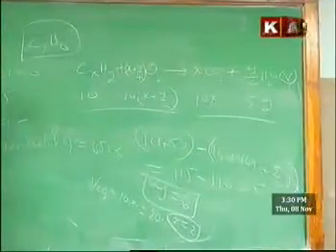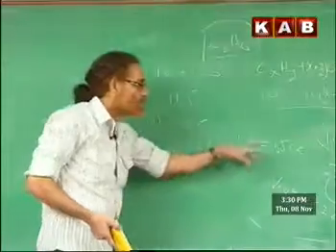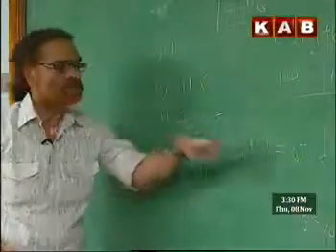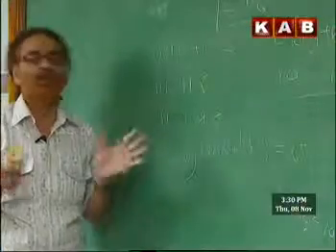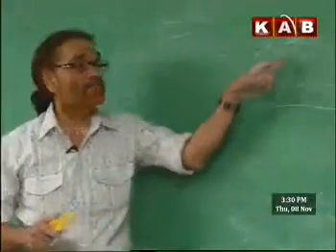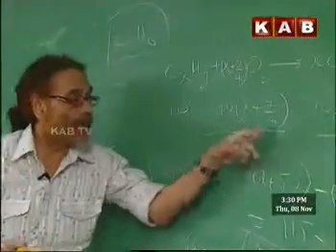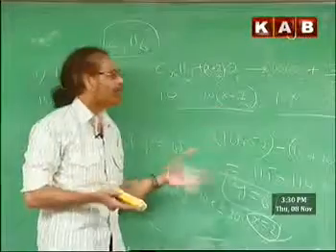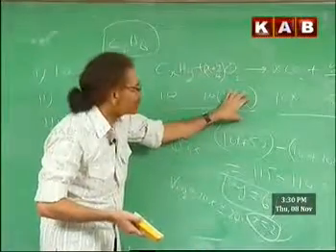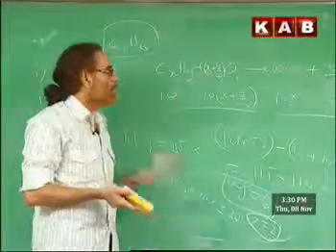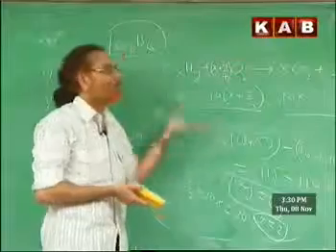Otherwise, he gave another piece of information: 65 cc oxygen left over, started with 100 cc, so 35 used up. The equation says reacted oxygen must be 10 of x plus y by 4, so that equals 35. And x is already found, so y you can calculate.